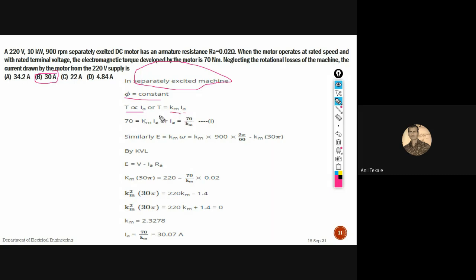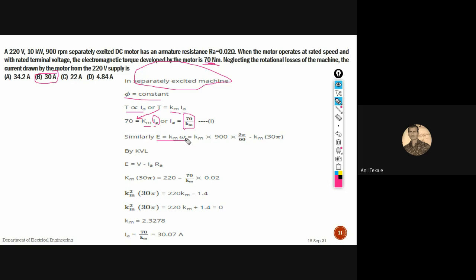Now torque is given as 70 Newton meter. So instead of T, we take 70 is equal to Km into Ia. To calculate Ia, we take the formula 70 by Km. Now also we know that the back EMF is equal to Km omega.